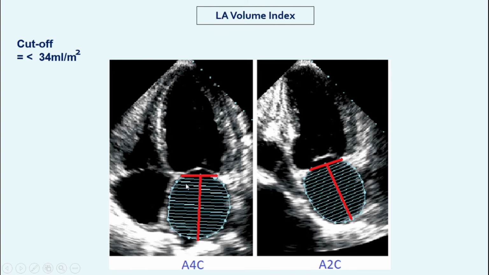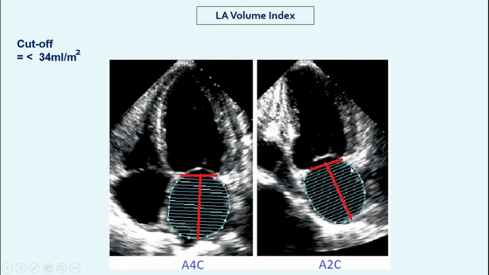So if your tracing doesn't give a smooth curve shape, most probably you don't have the right image or you are measuring the wrong way. In this measurement, we shouldn't include the pulmonary vein, and here you will see the left atrial appendage.